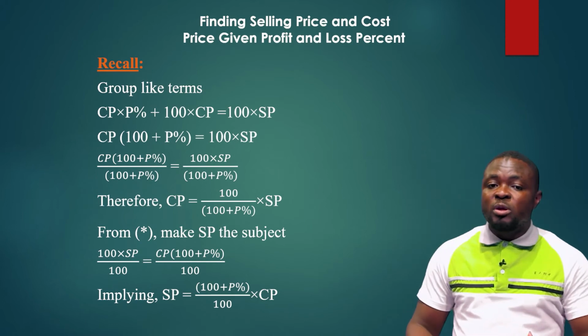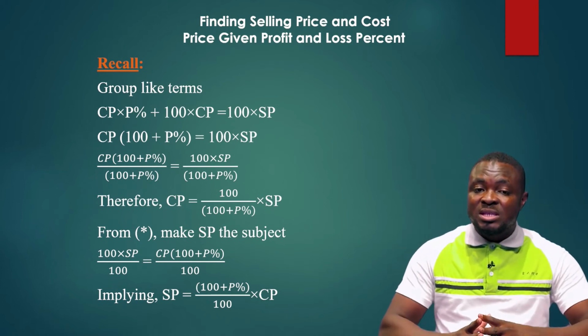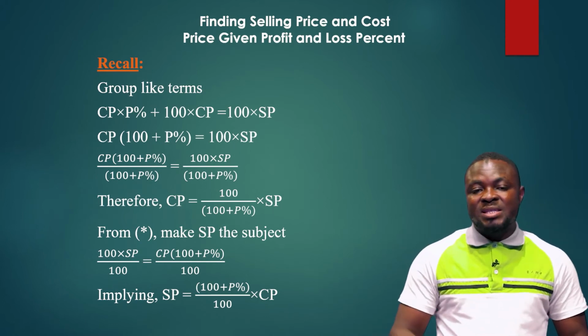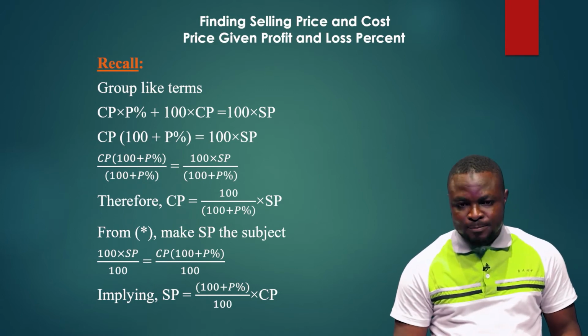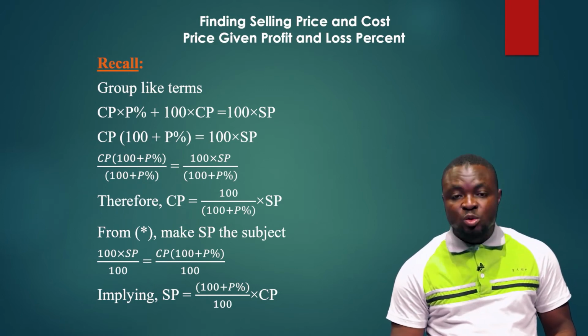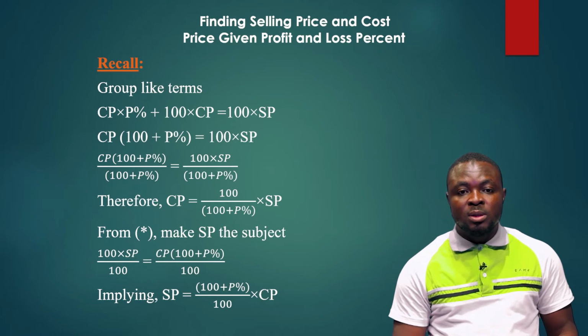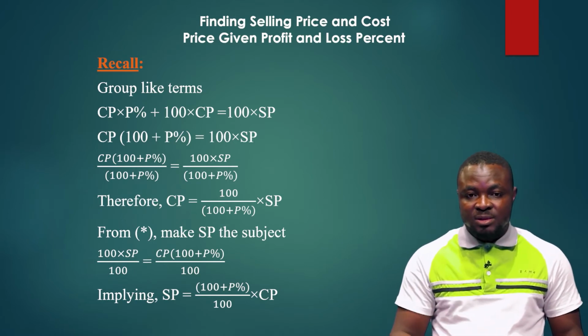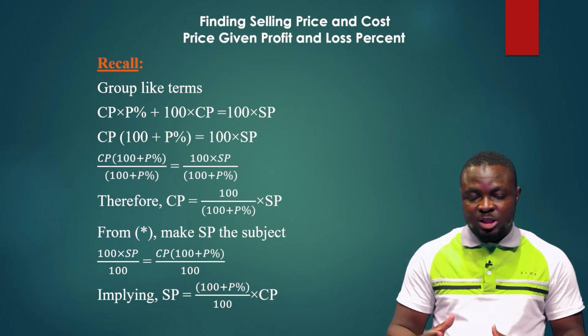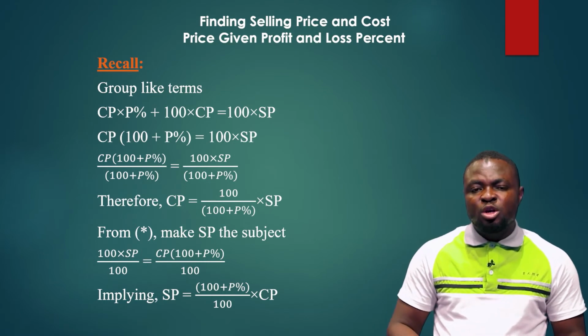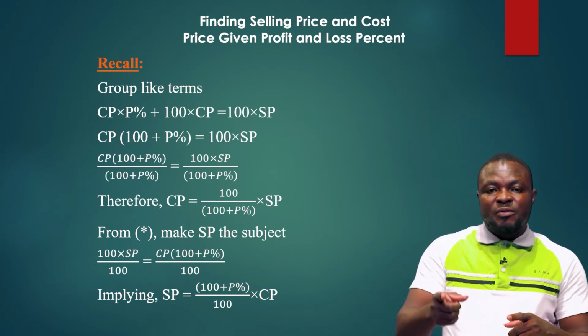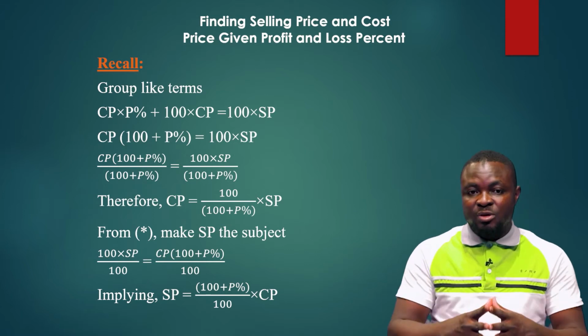If you want to find selling price, it follows the same procedure. But the simple trick is that instead of going through that whole change of subject difficulty, you can just find the reciprocal of the cost price.